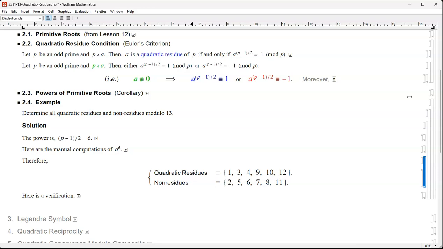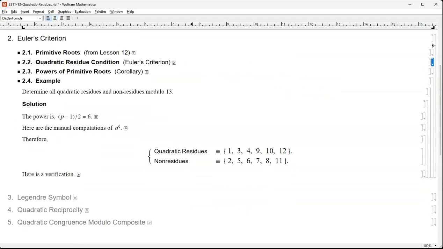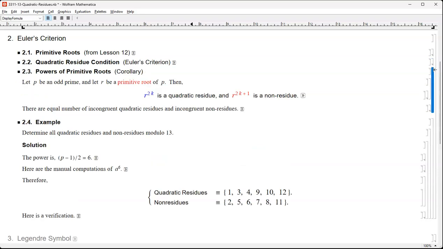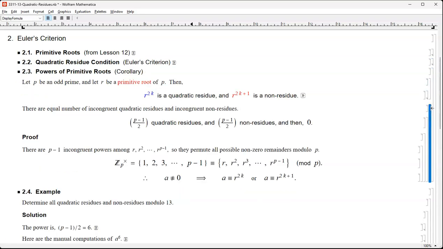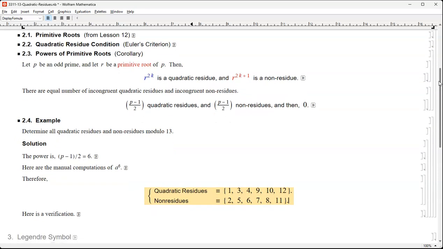Yes, they all have to be the same, as you saw from the corollary, p minus 1 over 2 and p minus 1 over 2. So 6 quadratic residues and 6 quadratic non-residues, and then 0, adding up to 13 total.